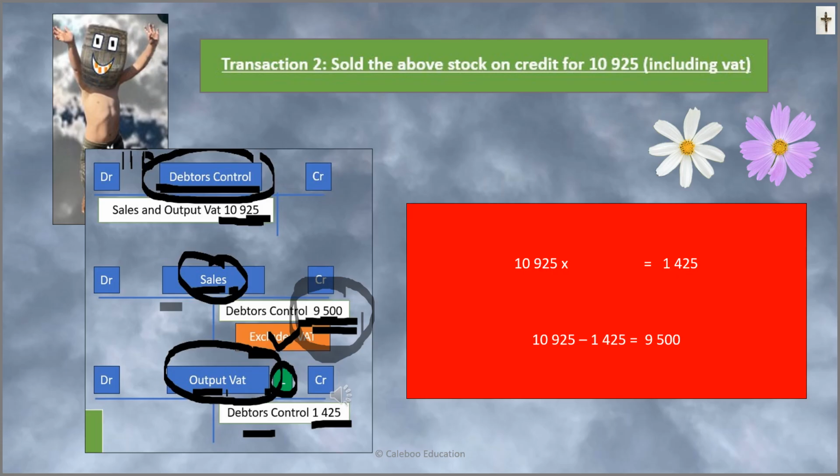The transaction read, sold the above stock on credit for 10,925, including VAT.